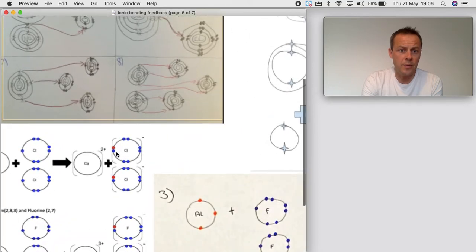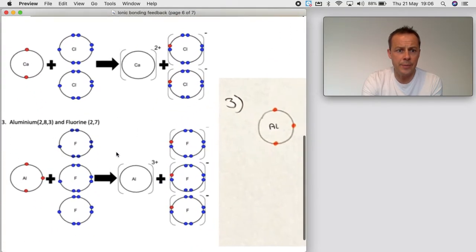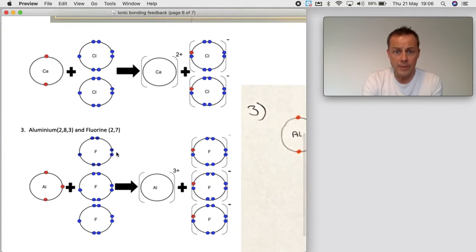Going through here, really nice clear example, and this is what we needed to be able to do. So no mistakes on here, really, really clear, just showing the outermost electrons, which is exactly what you need to do in an exam. Showing the electrons have left the calcium, one has gone to the chloride ion, the other one's gone to the chloride ion, leaving the calcium with a 2+ charge because it's lost 2 electrons.